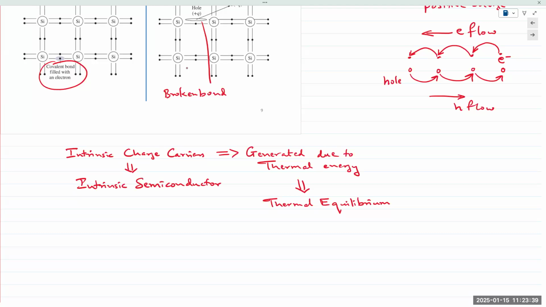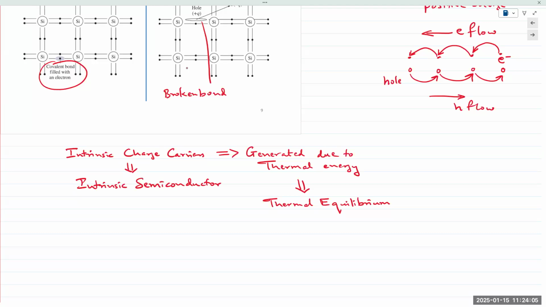But in the environment that we live in, a room temperature environment would be about 25, 27 degrees C or 300 Kelvin. And so we say that would be thermal equilibrium at that temperature. Doesn't matter what the temperature is.